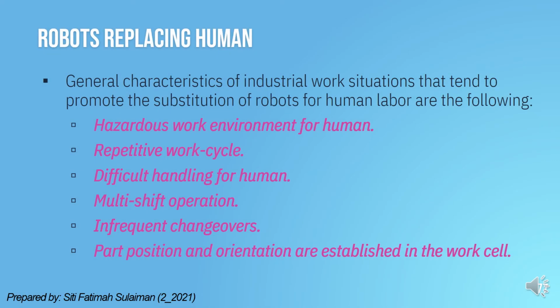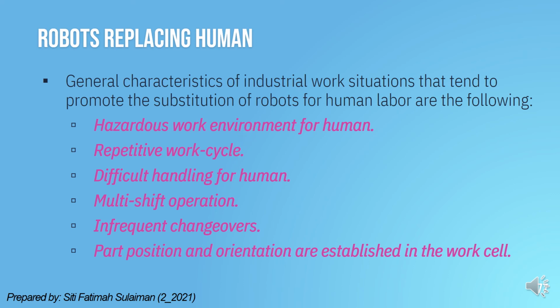Here are several reasons for the substitution of robots in replacing human labor in industrial work. A robot is preferable when the work environment is unsafe, hazardous, or uncomfortable for humans.